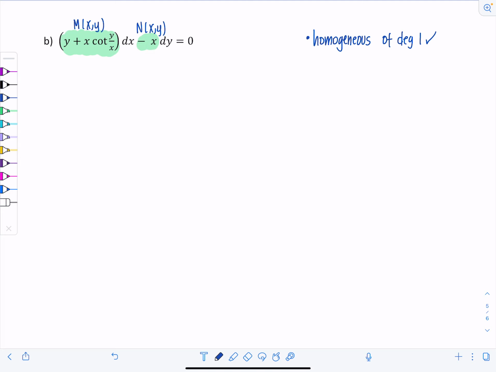Which looks simpler, m of xy or n of xy? I say n of xy, so that means we're going to use the substitution y equals ux like last time. So dy is going to equal u dx plus x du, and then let's go ahead and make our substitution now.